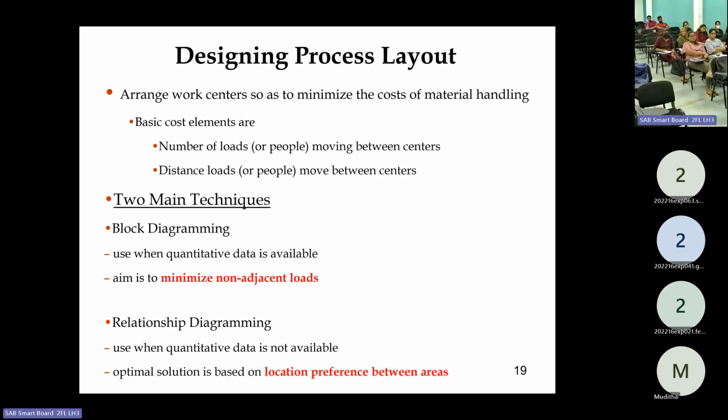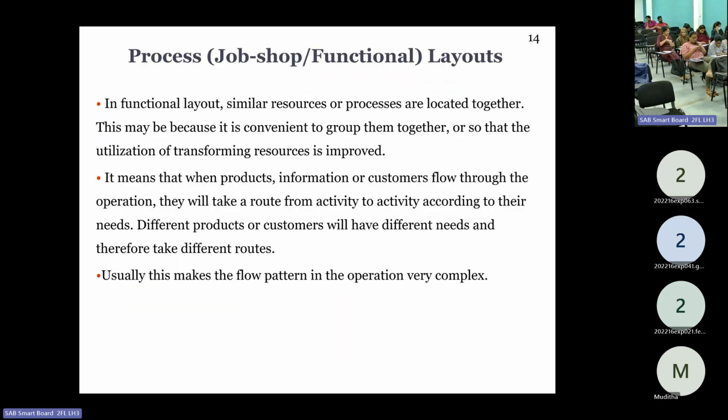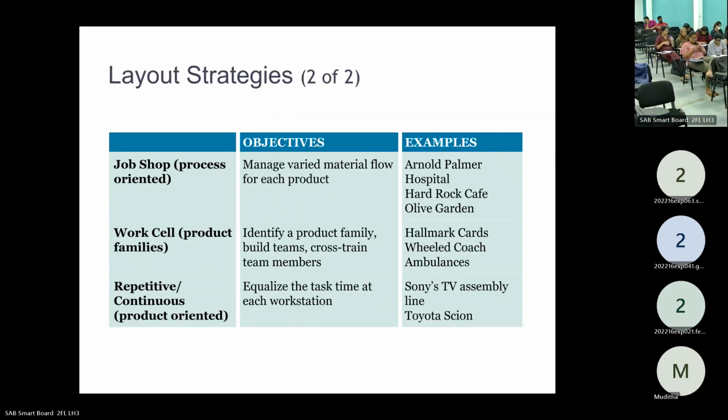Go back to those initial two slides that I asked you to go through to understand the objectives of layout. Now here, for the process-oriented layouts, what is the main objective? Manage varied material flow for each product or for each customer.